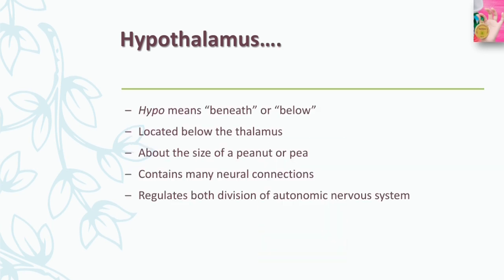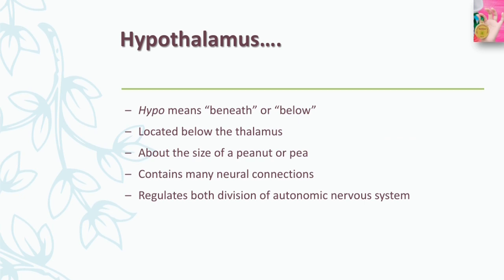The word hypo means beneath or below. As its name implies, the hypothalamus is located below the thalamus. Although it is only about the size of a peanut, or you can say the size of a pea, the hypothalamus contains many neural connections, and these neural pathways ascend to other forebrain areas and descend to the midbrain or hindbrain and spinal cord.